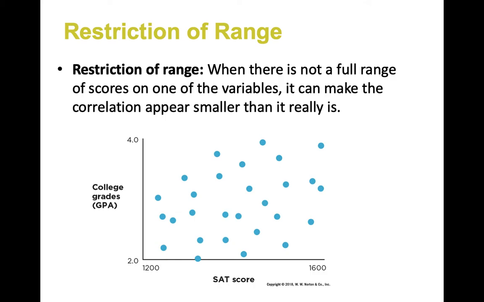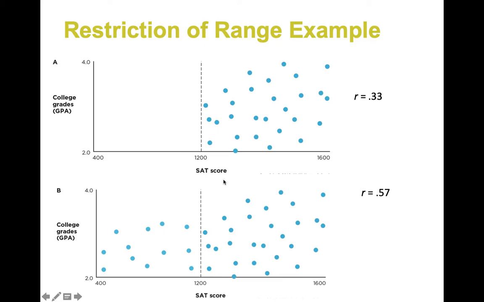So the data are from a very highly selective college that only admits students with high SAT scores. The plot of the correlation between college grades and SAT yields a positive relationship, but the relationship doesn't appear to be very strong. So this was the pattern of data that we're looking at.